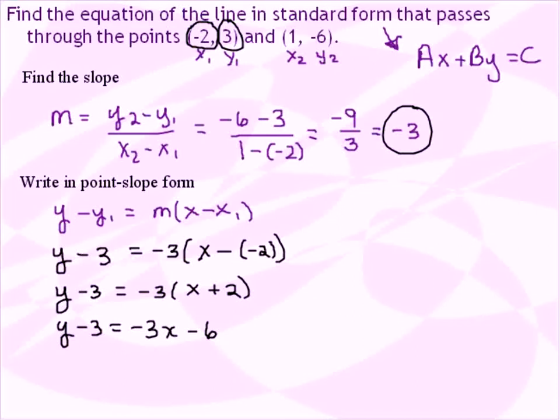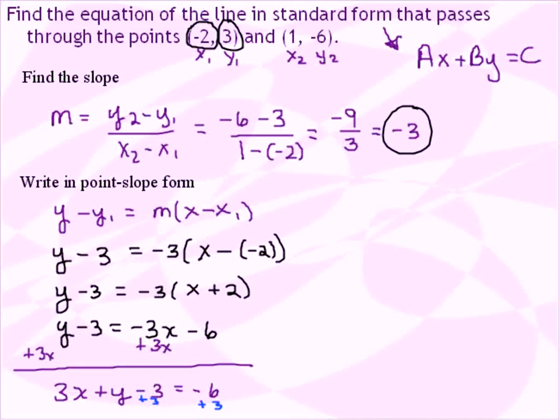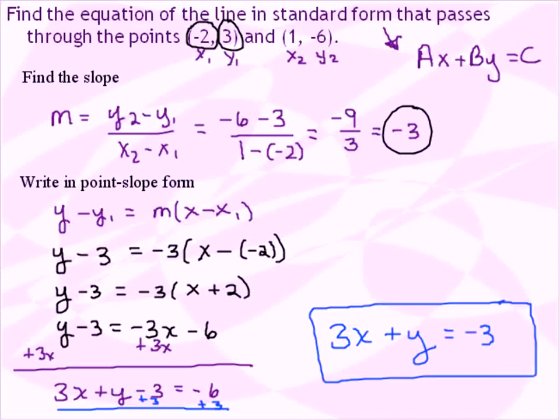I'm going to add the 3x, because it's a -3x and I want it to be on the same side as the y, so I'm going to add it over here. That gives me 3x plus y minus 3 equal to -6. Now I'm going to add the 3 to both sides, and that gives me a final equation of 3x plus y equal to -3 for my equation in standard form.